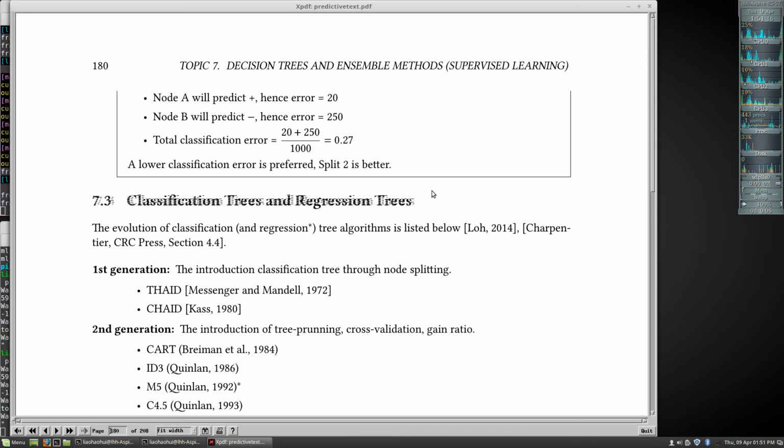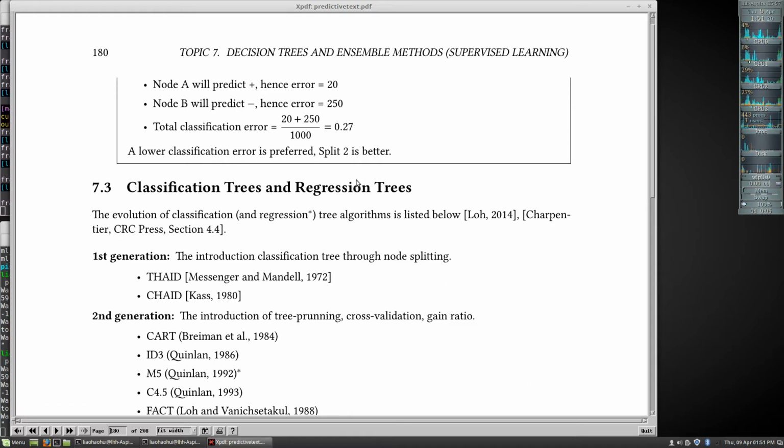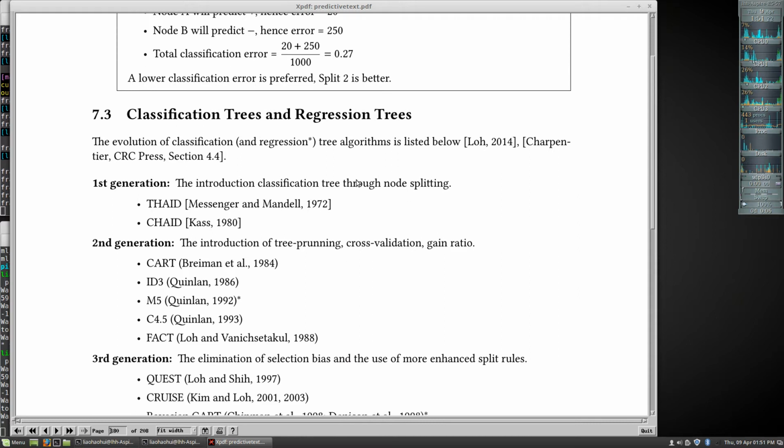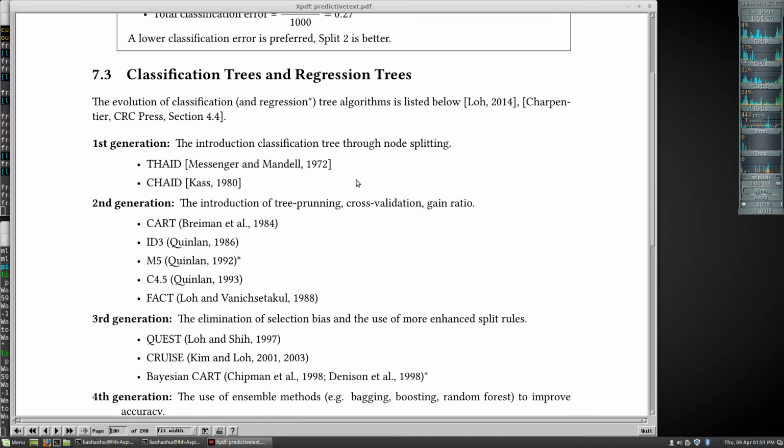Let's continue with section 7.3 on page 180, on classification trees and regression trees. Mostly the examples are all classification trees, with a few regression trees probably mentioned in SOA exam questions.